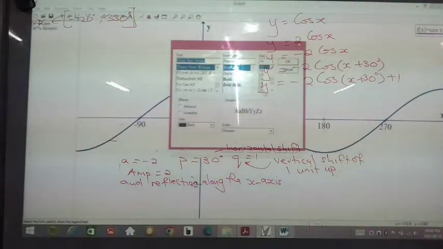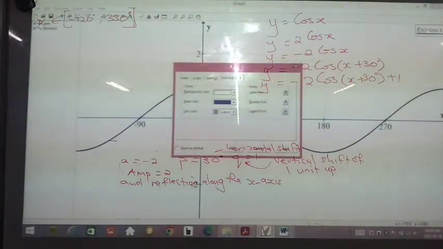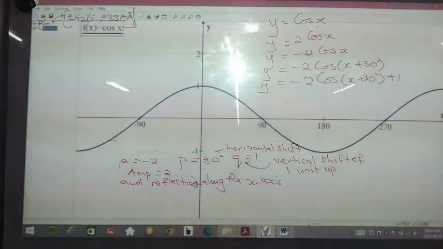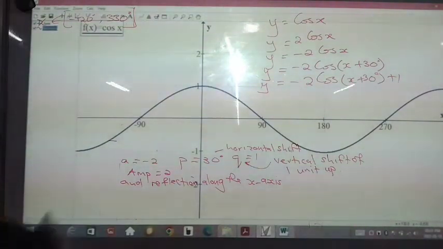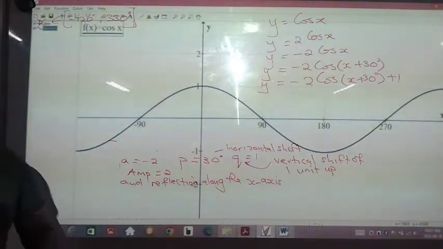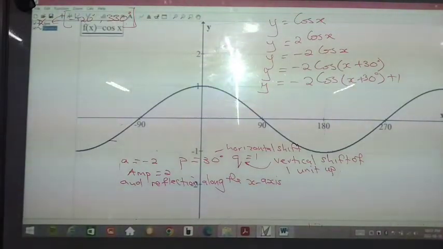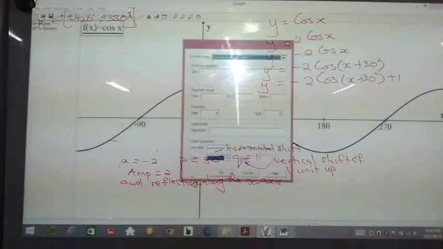Alright, just to put some enlargement so that you can see well. Okay, that's the graph of cos x. Now we are saying we are now effecting the amplitude change. So we are moving to the graph of 2 cos x.